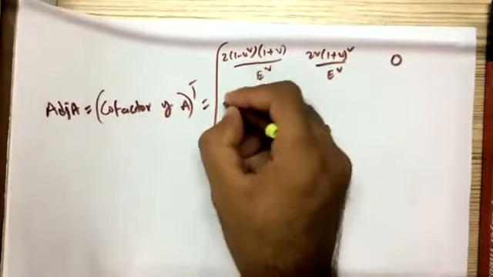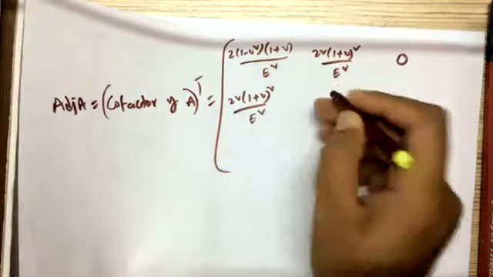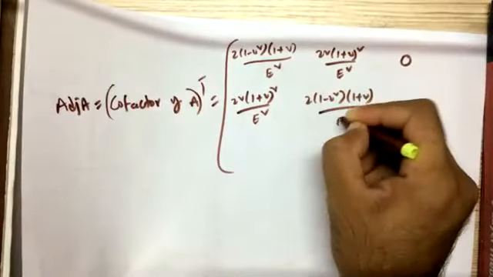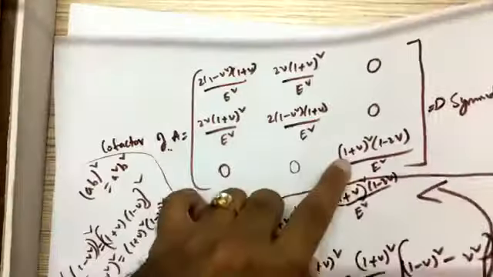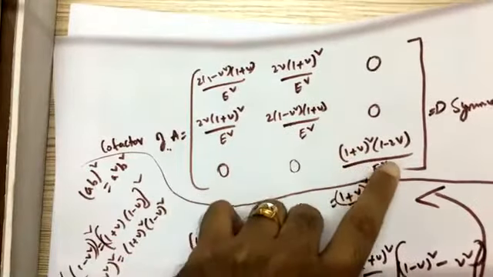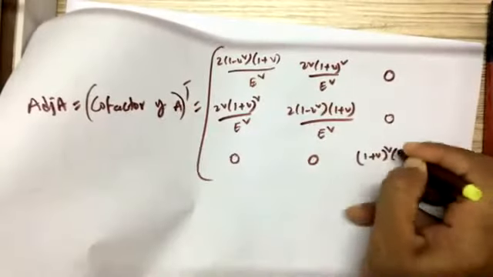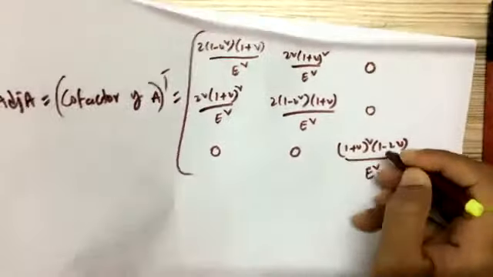Again, the same: 2 nu into (1 plus nu) whole square by E square. Again, you get the same thing: 2 into (1 minus nu square) into (1 plus nu) divided by E square. 0, 0, 0. What is the last one? (1 plus nu) whole square into (1 minus 2 nu) divided by E square.